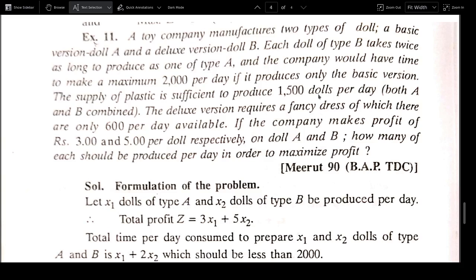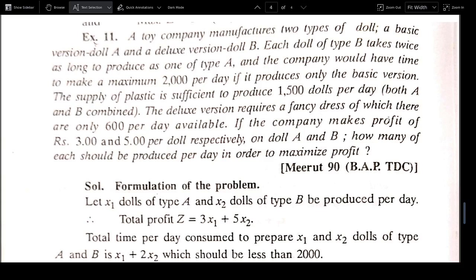So here you see profits are given. Two types of dolls are given, type A and type B, produced per day. So first you consider x1 dolls of type A and x2 dolls of type B be produced per day, and the profit is given, so this is a problem of maximization.